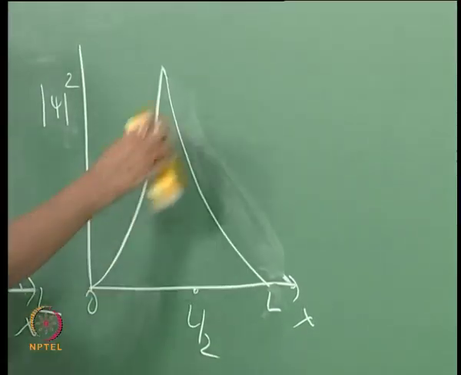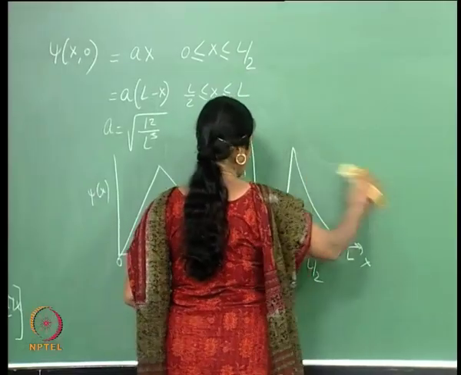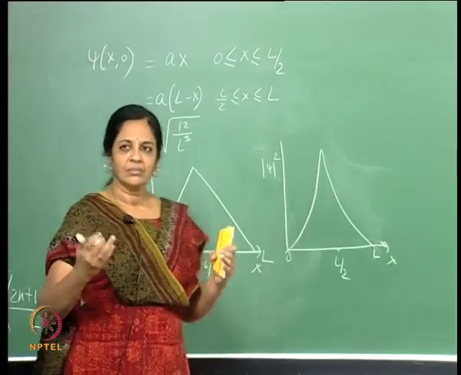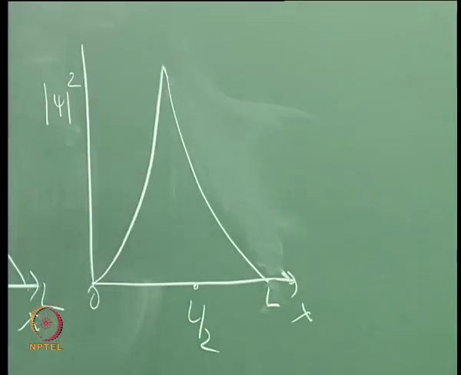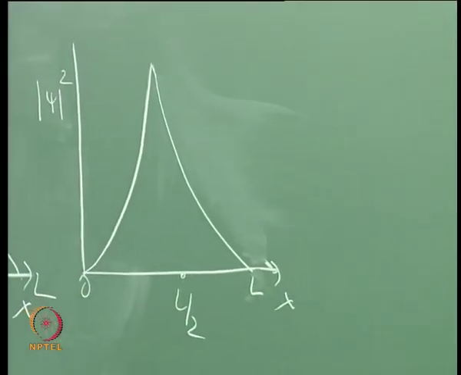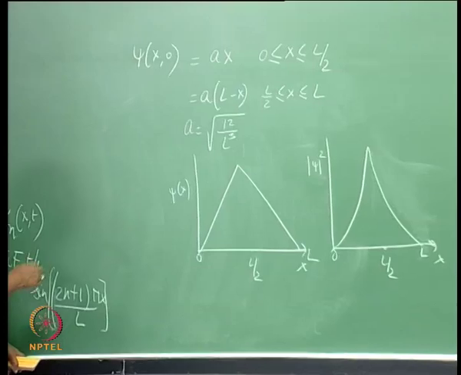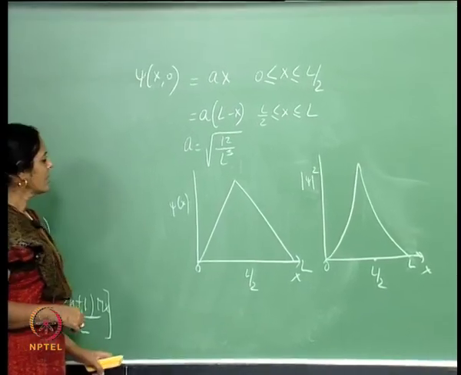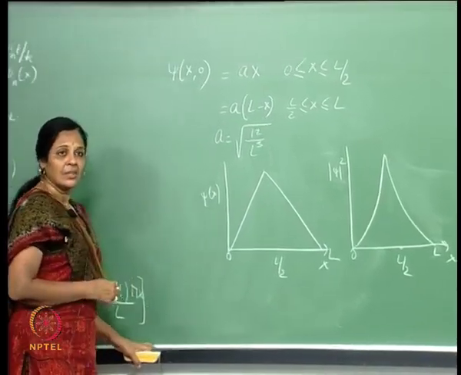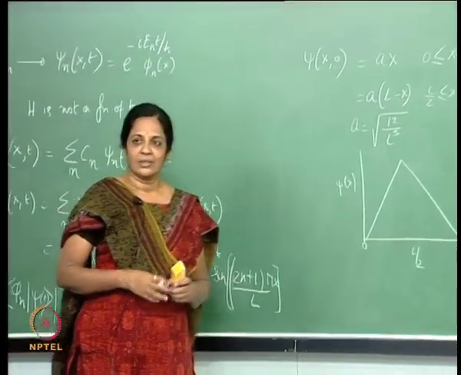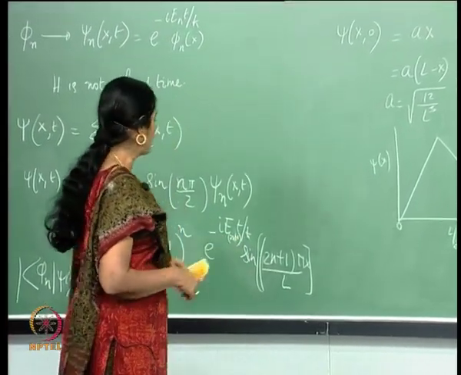Something like that, symmetric of course, like a cusp. So, this is a good function to consider, and now in this case let us find out the Cns, and therefore, psi of x comma t, the subsequent evolution.